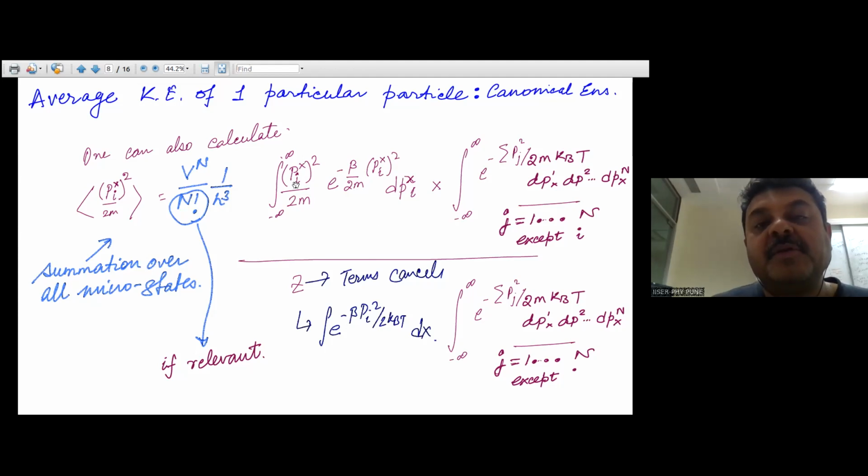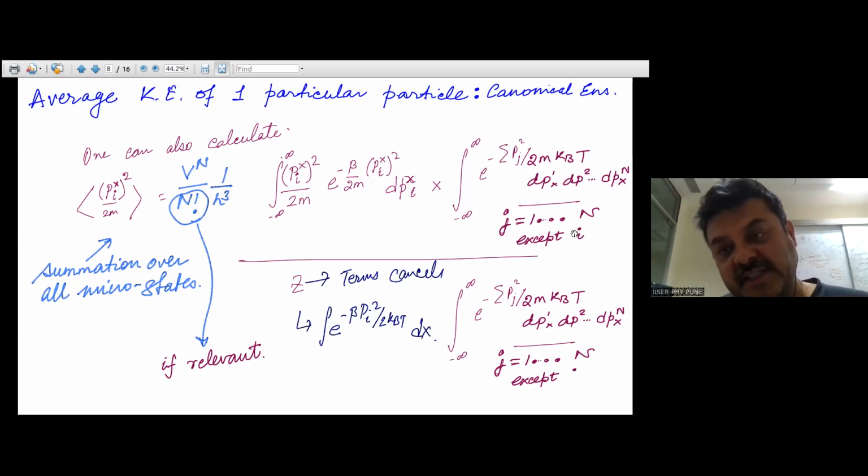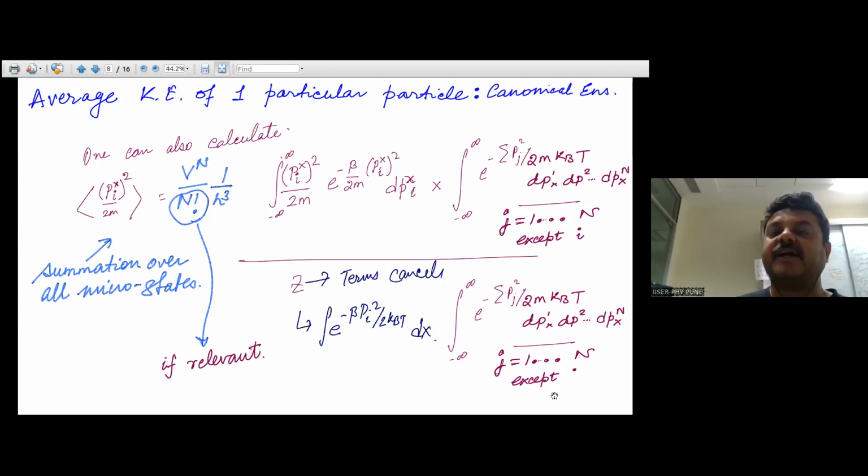Only the variable px is changing, the variable x is changing, which is giving v to the power n. And if you calculate these terms, it is v to the power 3n actually, if you are doing it in 3D. However, if you are doing it in 1D, then it would be n. So it really depends. So except i, this and this would be identical.